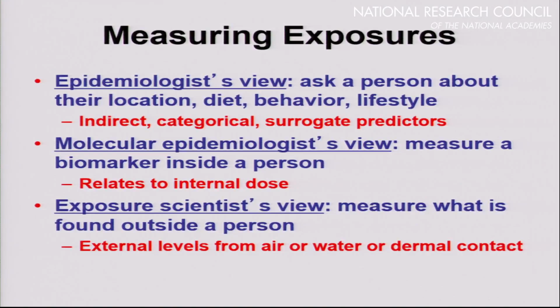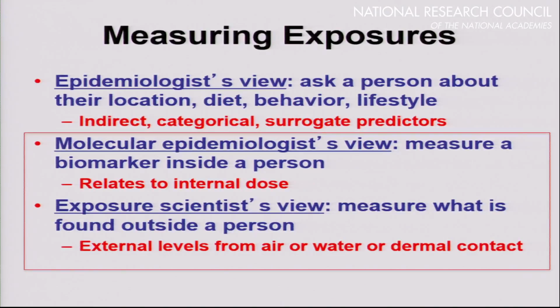So this relates, as Steve called, the blood exposome. And then the exposure scientist view, more an environmental scientist, wants to measure the external levels from air or water or dermal contact. Ultimately, what metabolomics can do is actually get answers to both. It can measure both inside and outside because, in fact, we call it environmental metabolomics for exposure science and just regular metabolomics for the molecular epidemiologist's viewpoint. But the tools that you use are largely the same. The techniques are largely the same.